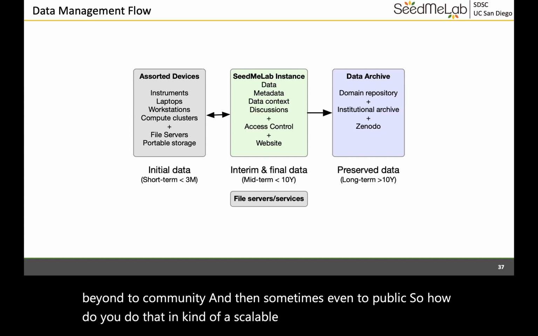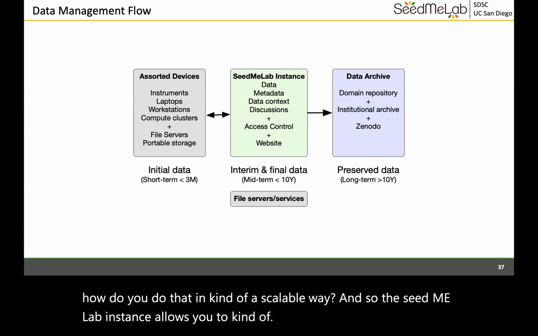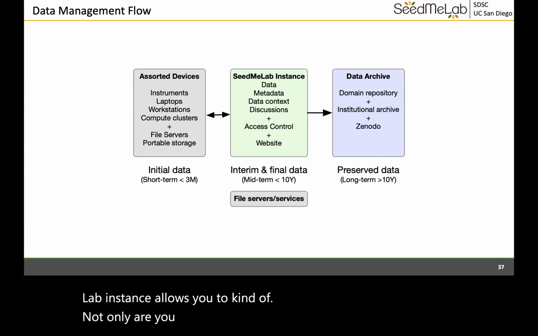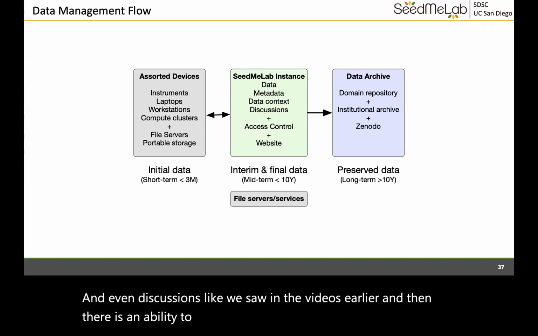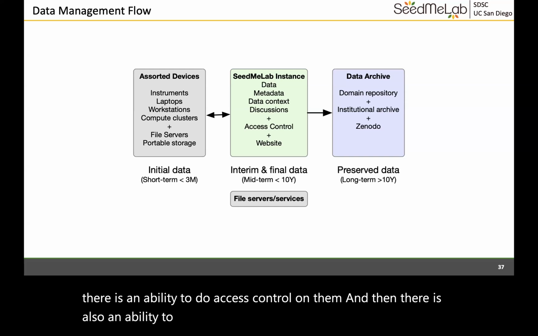The SeedMeLab instance allows you to not only organize your data, but also annotate it with metadata and context, and even discussions, as we saw in the videos earlier. And then there's an ability to do access control on them. There's also an ability to spin up a website around it if needed.